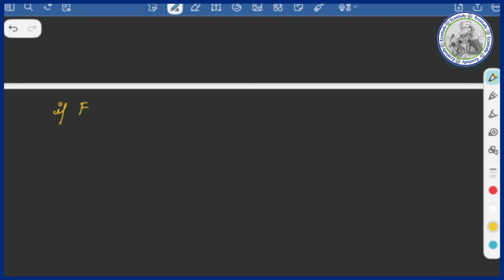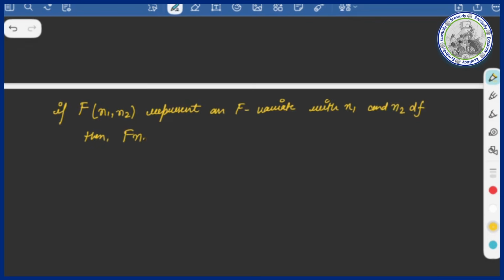If F n1 n2, it is denoted like this, where n1 n2 represent the degrees of freedom, and F variate with n1 and n2 degrees of freedom, then F n2 n1 is distributed as 1 upon F n1 n2.